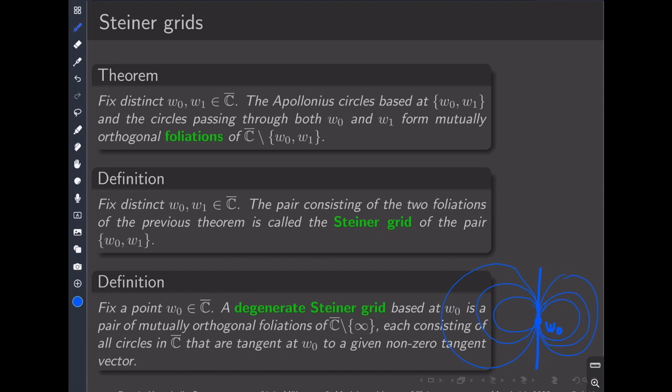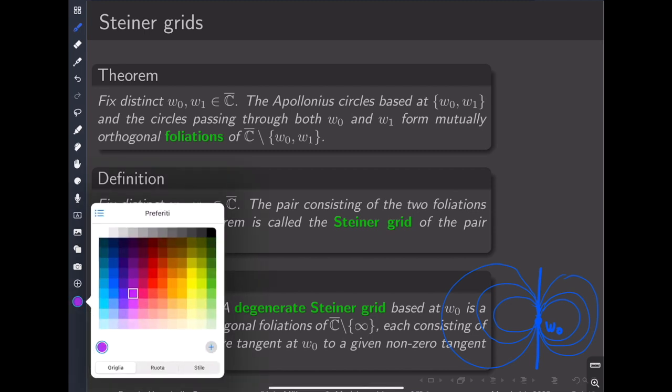So that's the first family, and the other family of curves is the orthogonal one. Let me change color here for the other family.